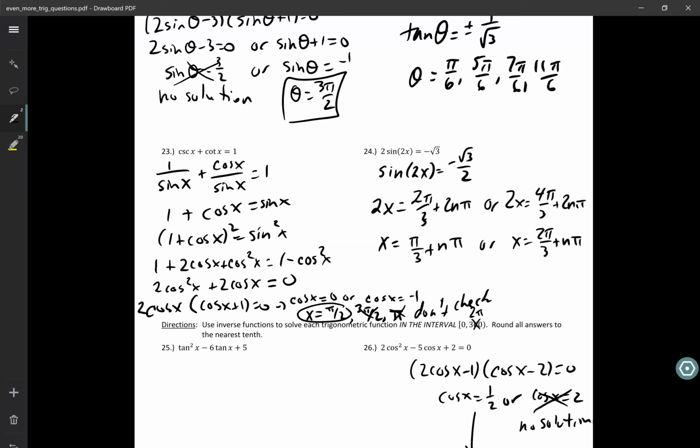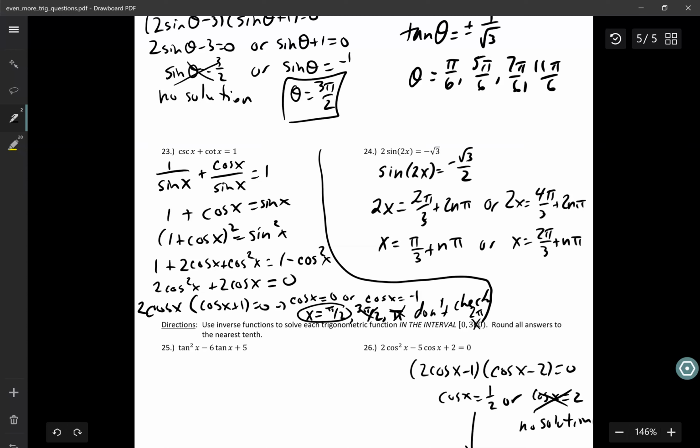So in this one, we expect to see 4 solutions in this case, because the original would have had, if this were an x instead of a 2x, we would have had 2 solutions. So this 2 in front is going to double the number of solutions. We get those solutions when n equals 0 and n equals 1.